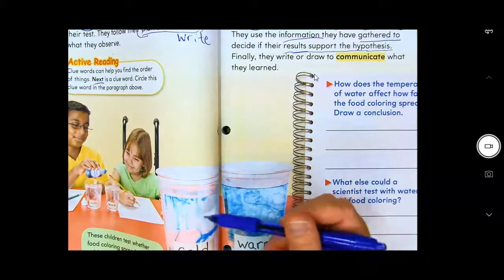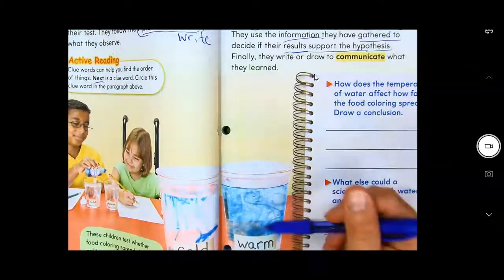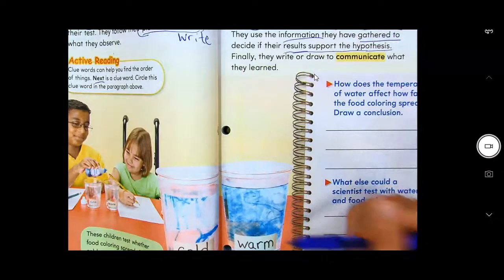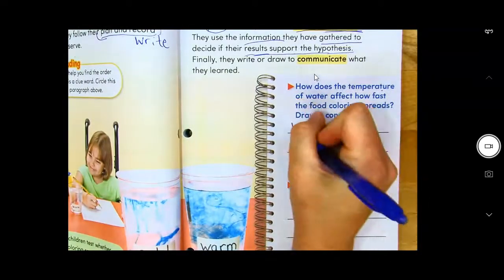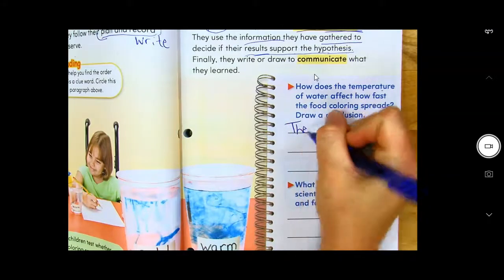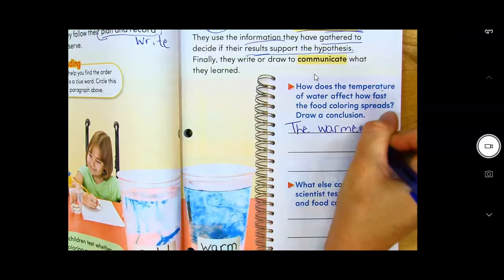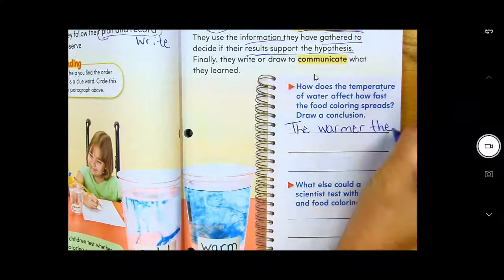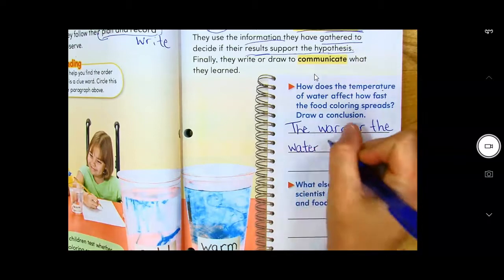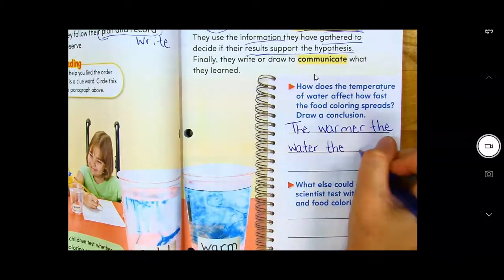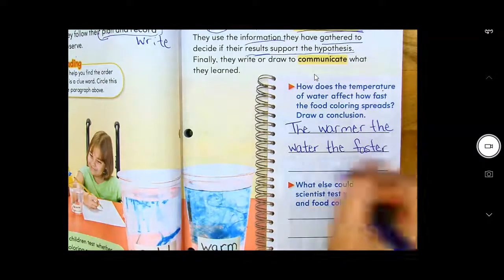Well, if the cold water food coloring spreads slow, don't you think the warmer water, the faster it would spread? Okay. Capital T. The warmer the water, the faster it will spread.